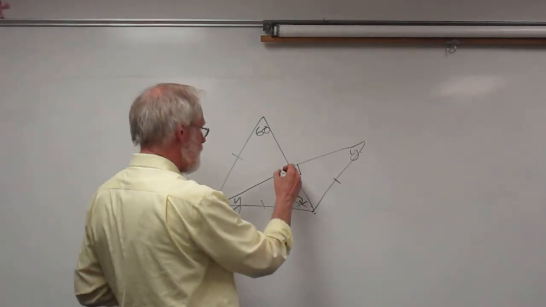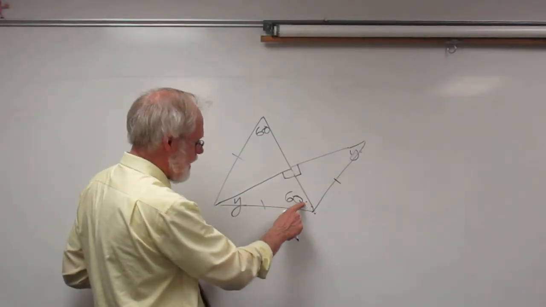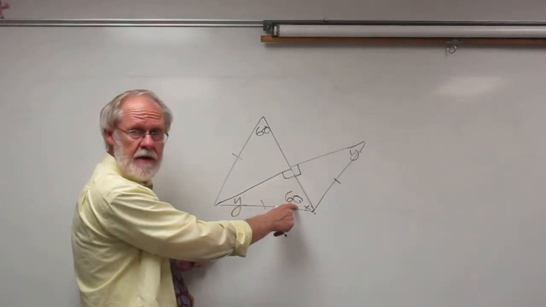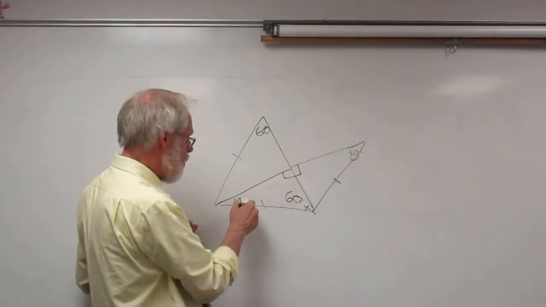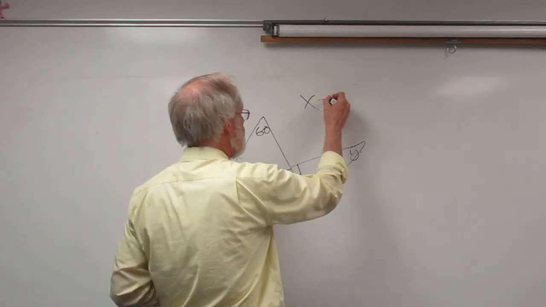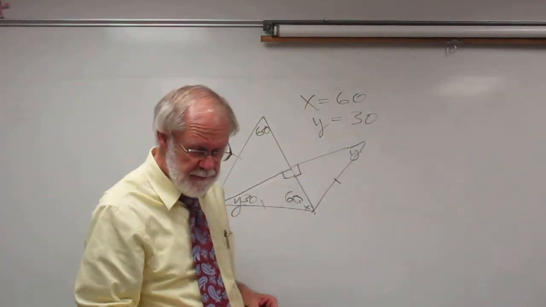Now, we know this is 90 right here. This was x over here at 60. Now we have 90 plus 60 is 150. So y, to fill out the 180 in this triangle, must be 30. So we have x equals 60 and y equals 30.